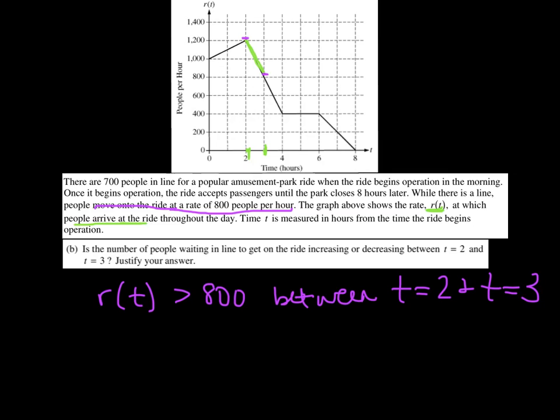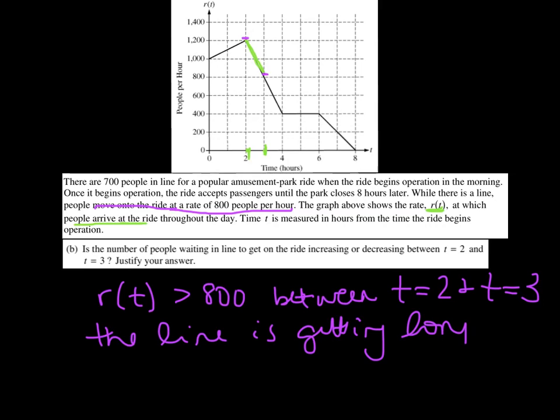And because of that, the line is getting longer, because the number of people getting onto the ride is that 800 people per hour. The number of people arriving between T equals 2 and T equals 3 is always larger than 800. Therefore, the line is getting longer and longer between time T equals 2 and T equals 3.